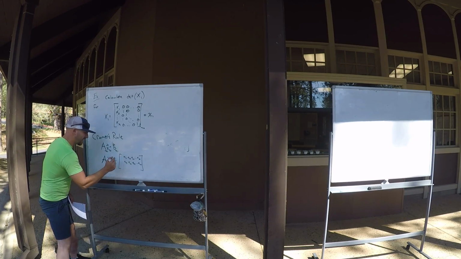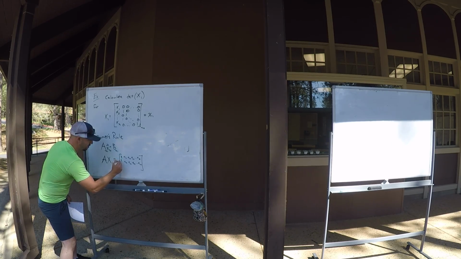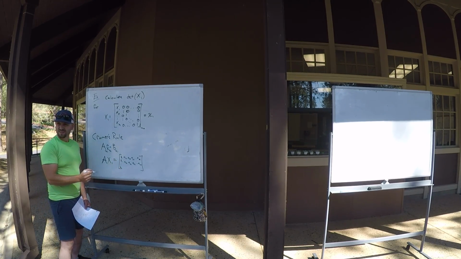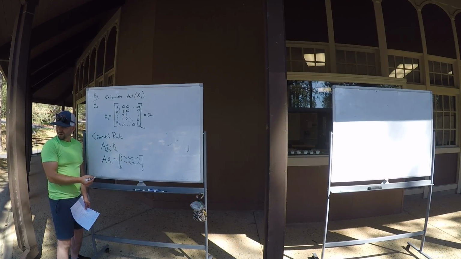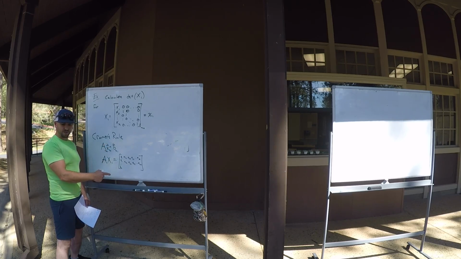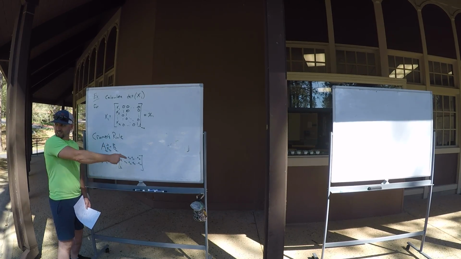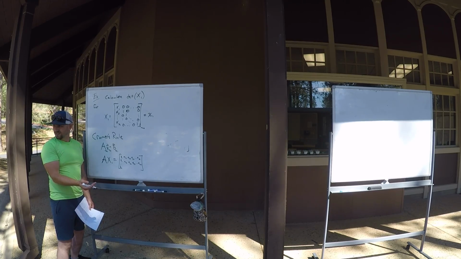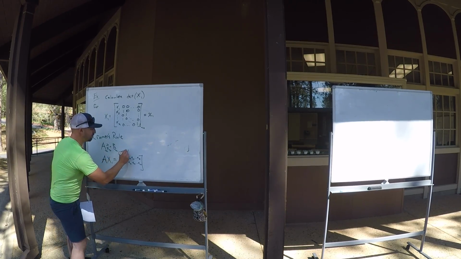So I get this weird matrix where it's like B1, B2 through Bn. You see what just happened there? I replaced the first column of A with the vector B, and otherwise this is just the matrix A again. You guys see that? I'm going to call this thing B1.